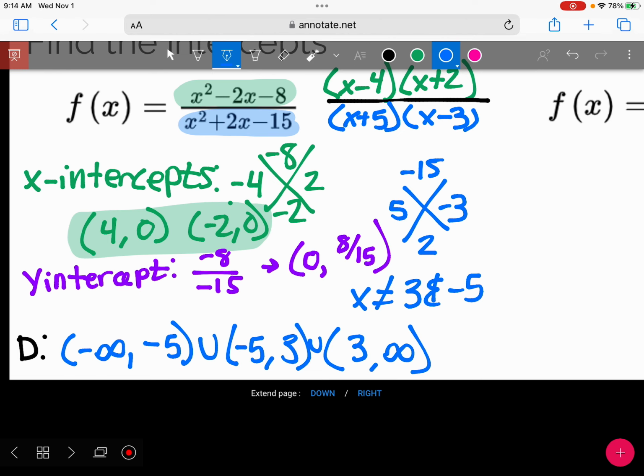When we're in factored form, it's going to be the opposite sign. If you set this piece equal to 0 to find the value, it's always going to have the opposite sign of what your factor is.